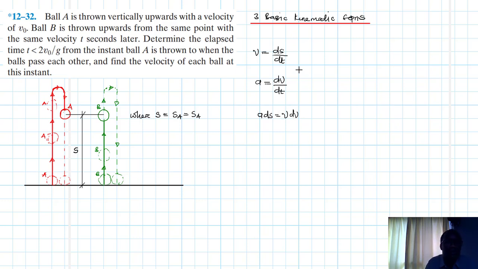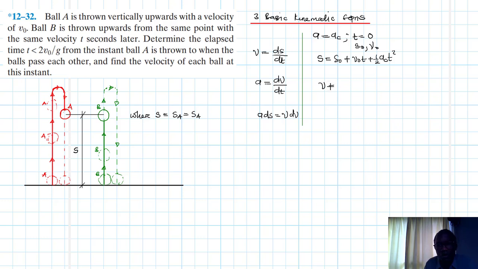All right. And then from these 3 equations, we are able to derive 3 more equations. These are the equations when acceleration is constant and t is equal to 0, and at this point we have S naught and V naught. The equations that we derive are S equals S naught plus V naught T plus half AC T squared.